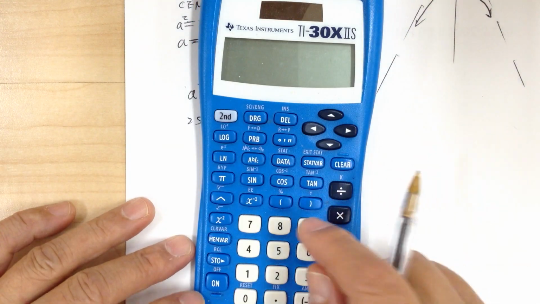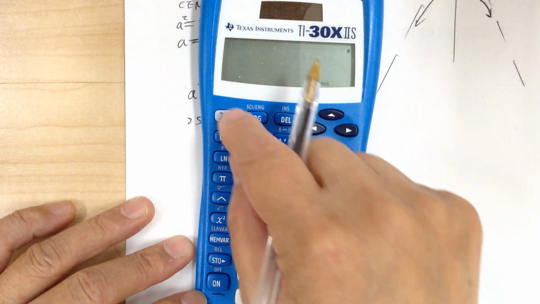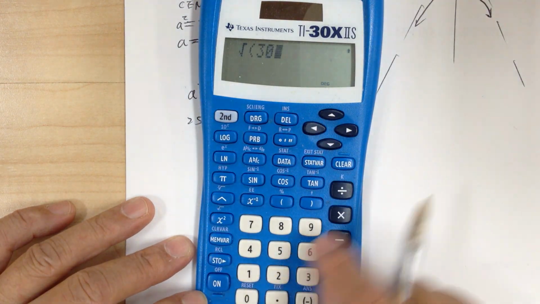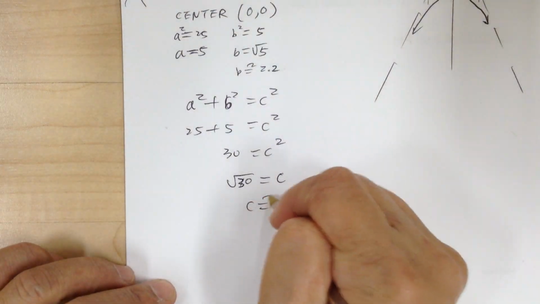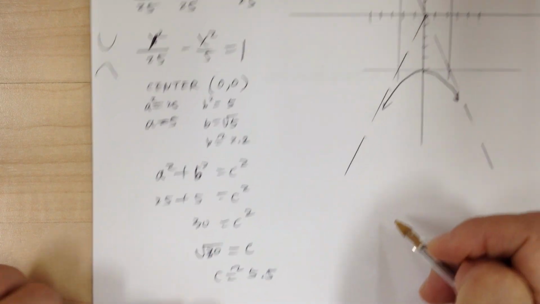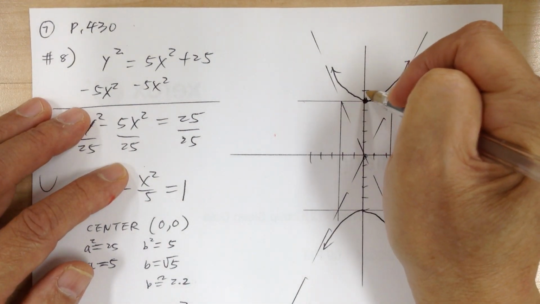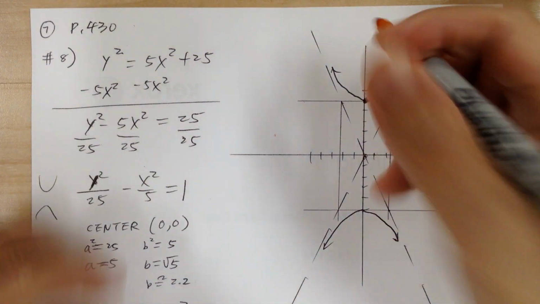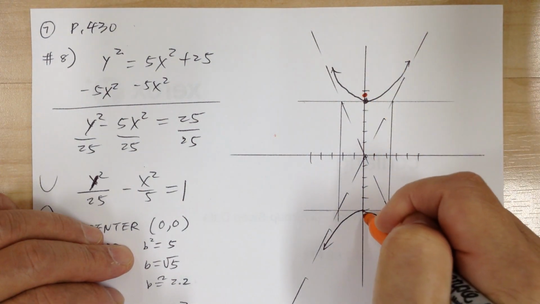Square root of 30 is about 5.5. I can just approximate. Remember this is going to be in the y direction, so 5.5 is about right over here.